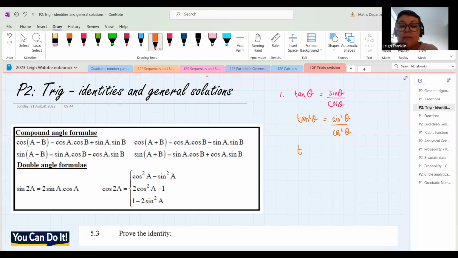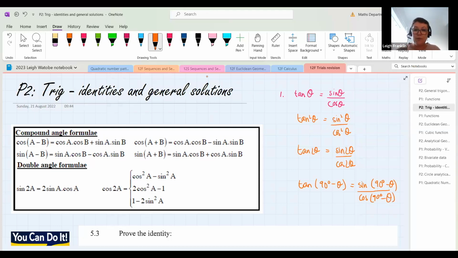If they gave us tan 2 theta, we would write this as sine 2 theta over cos 2 theta. If they gave us something weird like tan 90 minus theta, for example, we would write that as sine 90 minus theta over cos 90 minus theta.